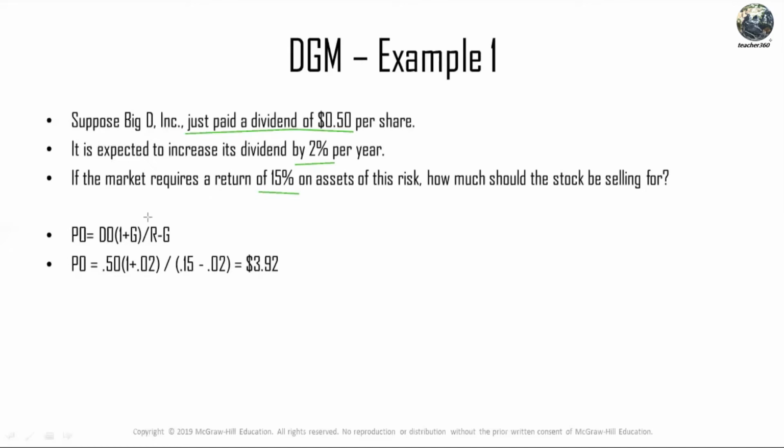So D0 is 0.50, times 1 plus growth rate 2%, divided by required return 15% minus growth rate 2%. So your current price of the stock is $3.92.